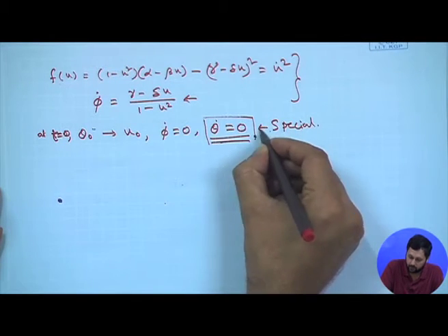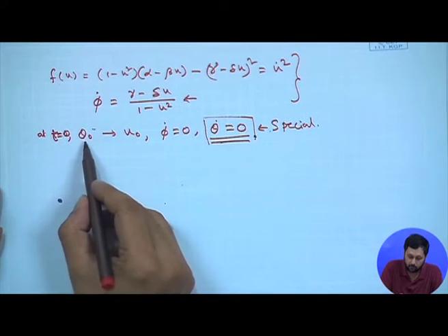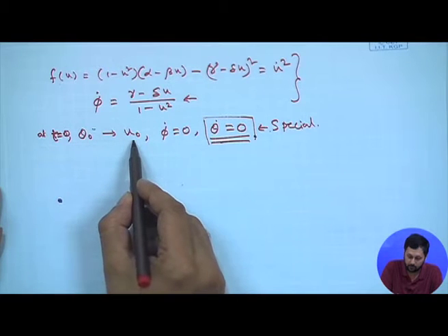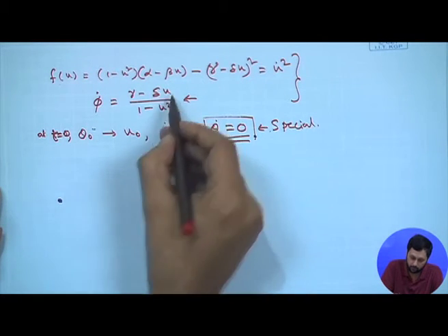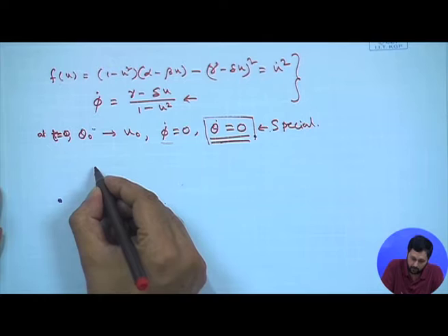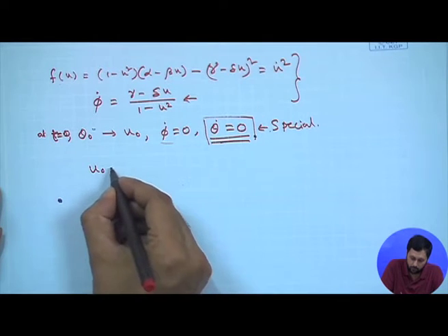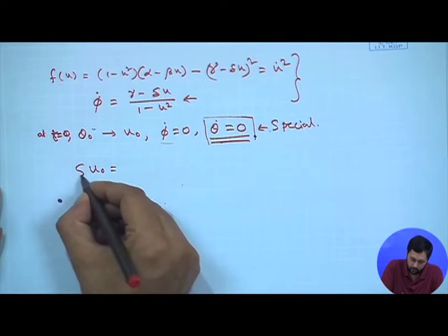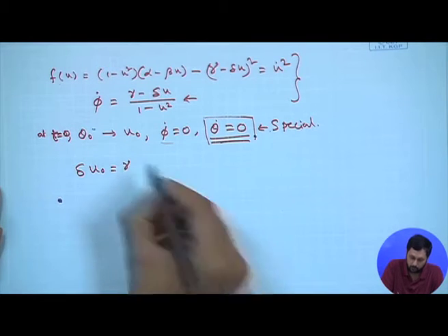Anyway, right now this is a special case. In general we are just considering that at t equal to 0, theta equals theta 0, which corresponds to u 0, and phi dot equals 0. Substituting in here, we get delta u 0 is equal to gamma.